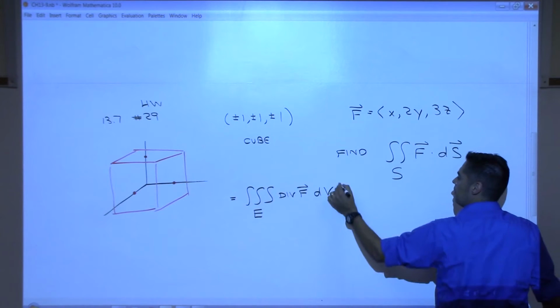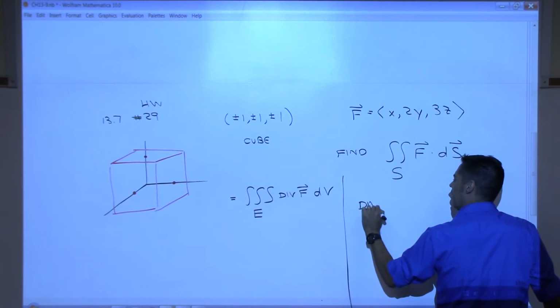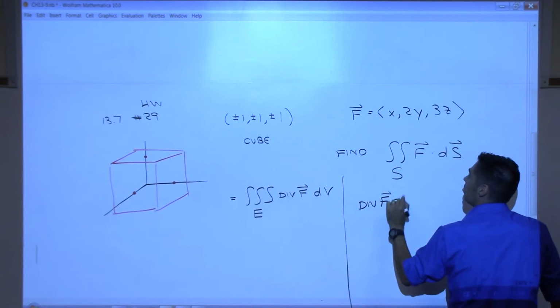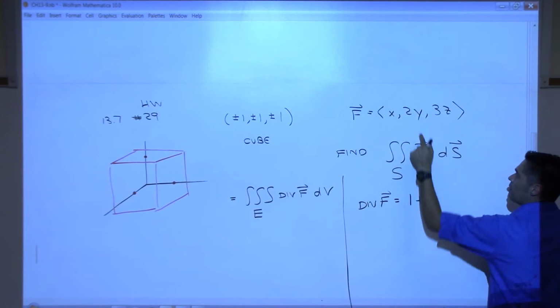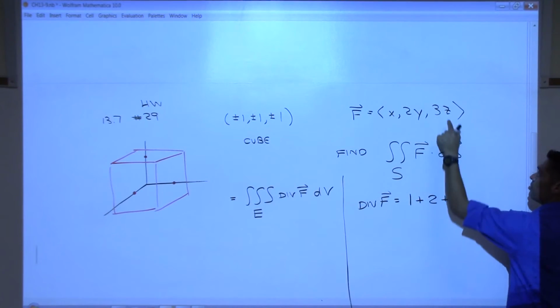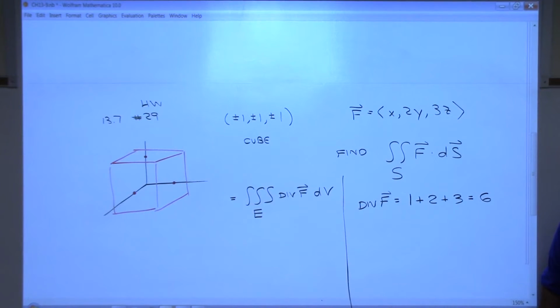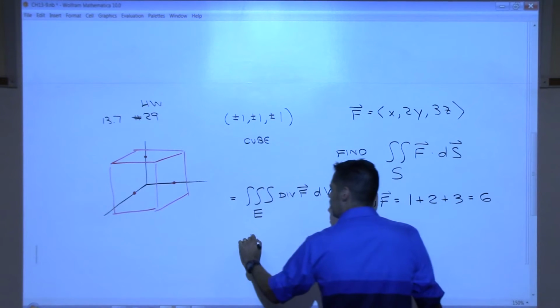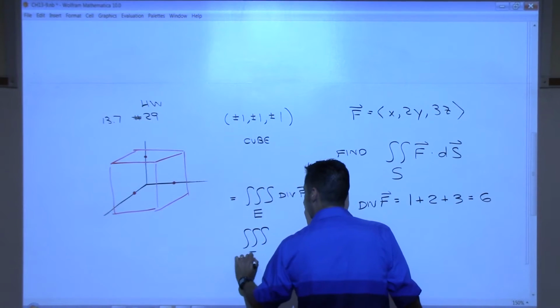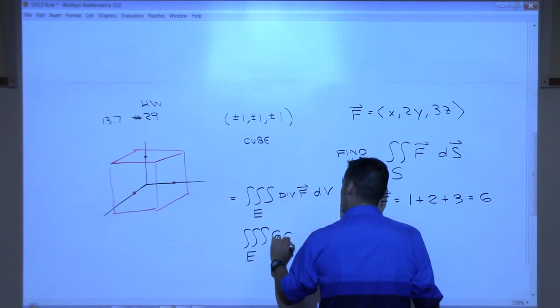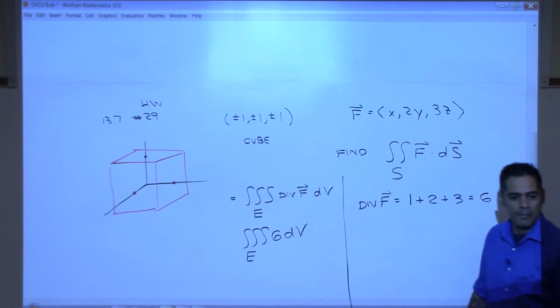It is 1, plus derivative of 2y with respect to y, 2, plus derivative of 3z with respect to z, 3, so 6, right? That's nice. So I'm just going to do the triple integral over E of 6 dV, right?